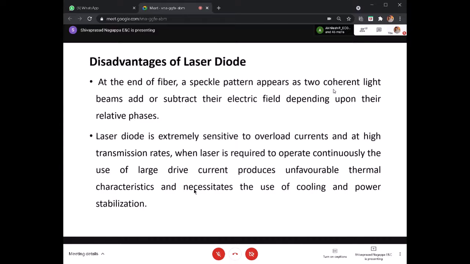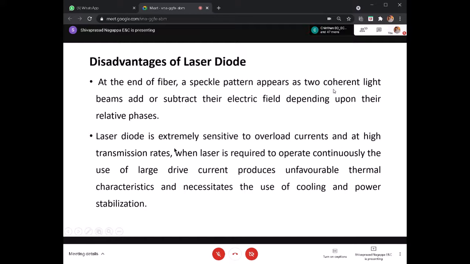Now the disadvantages. At the end of the fiber, there will be a speckle pattern. That appears from coherent beams, which either add or subtract their electric fields depending upon their relative phases. This laser diode is extremely sensitive to overload currents. While explaining the differences between LED and laser, I'll tell you about this sensitivity, and how it is related, at higher transmission rates.